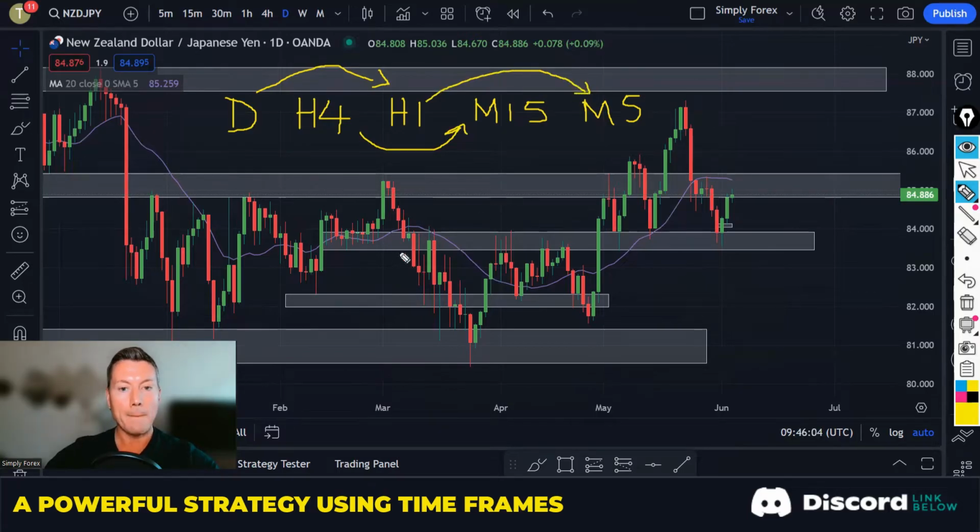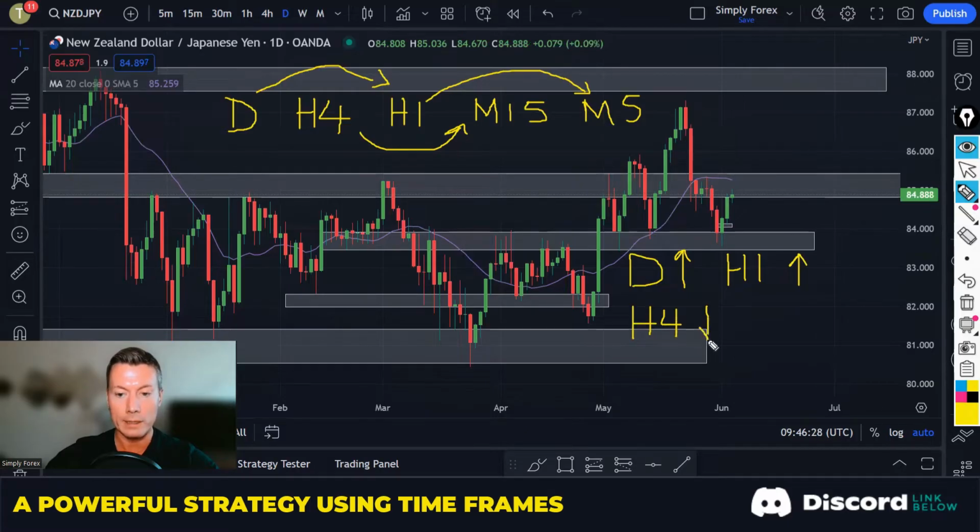Basically, guys, what we're looking for is this. If we choose daily and H1, we want daily to be in an uptrend, and we want H1 structure to be in an uptrend. Or we could do H4. We want H4 to be in an uptrend or a downtrend.